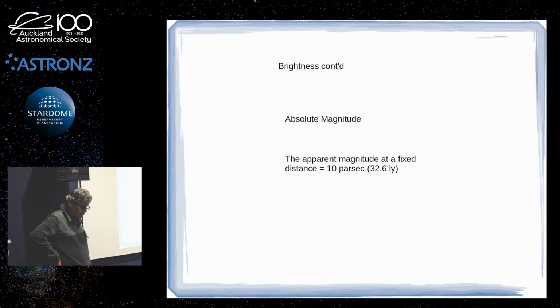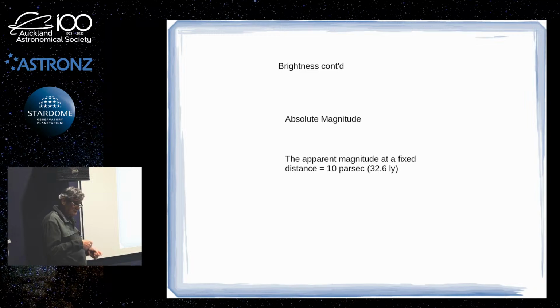So what we want is a measure of brightness that tells you how bright the star actually is. And you use a trick to do this. You pretend that the star is at a fixed distance. For this purpose, we use a distance of 10 parsecs, or 32.6 light years.